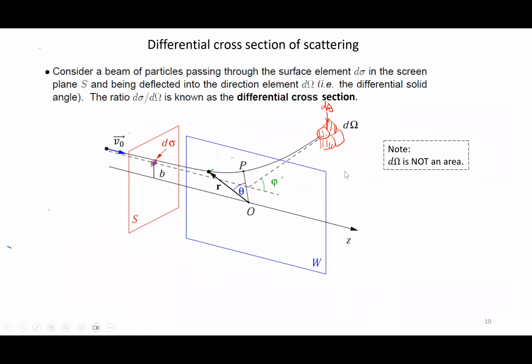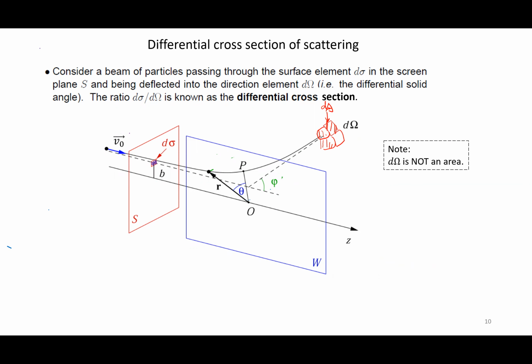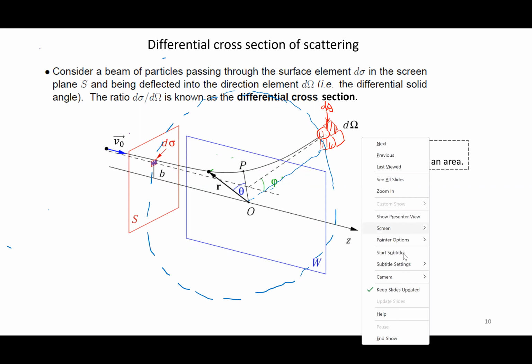Just imagine that you have a spherical surface centered at this scattering center O, and you put many small detectors to cover every portion of this spherical surface. All the detectors together will be able to capture all the particles, no matter what value of phi prime you have.